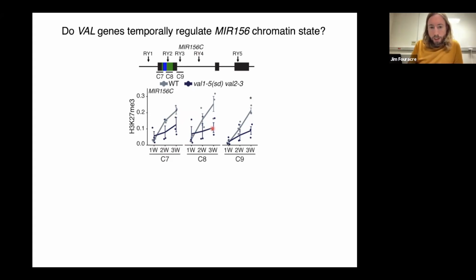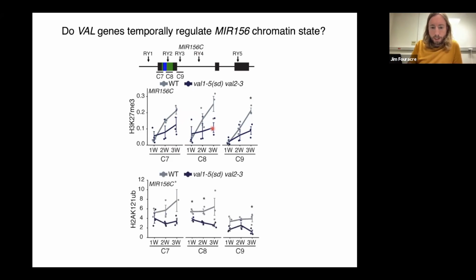I also wanted to check how PRC1 activity is regulated, and to do this I looked at the H2A ubiquitin mark. Unlike H3K27, you don't see a temporal increase in this mark; it flat lines across development. Very interestingly, in the val1, val2 double loss-of-function line, you see a significant difference throughout development. This is really important for how we understand epigenetic silencing in plants.